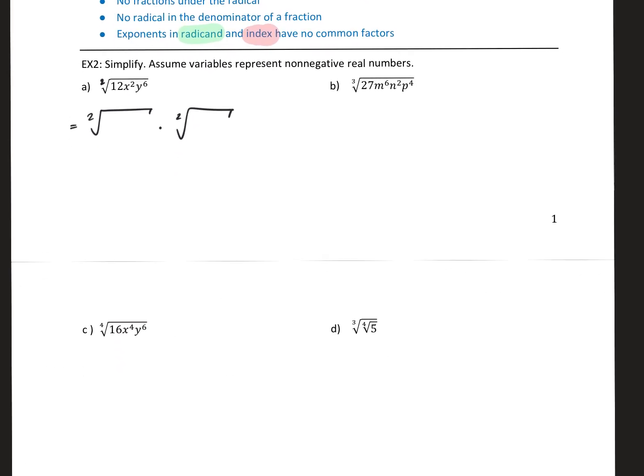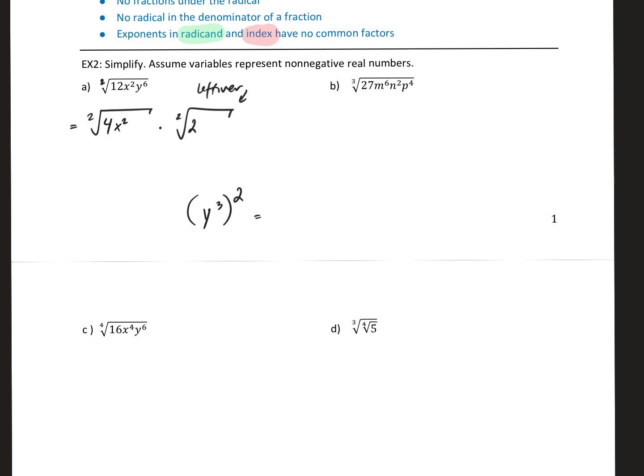So 12 can be split into 4 times 2, right? So I'll write the 4 here because it's a perfect square, and then the leftover 2 there. Again, this is my leftover box. So x squared, that is already a perfect square. We'll leave that here. Nothing goes in the leftover. And then y to the 6, is that a perfect square? It technically kind of is, because we can rewrite y to the 3rd power and square that.